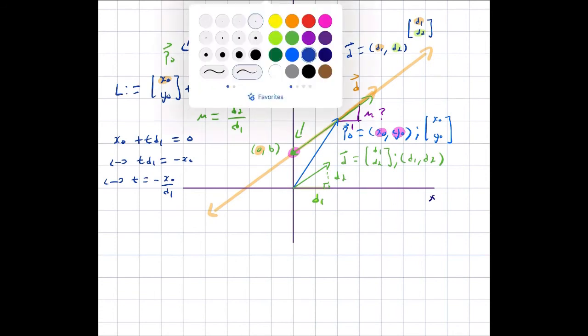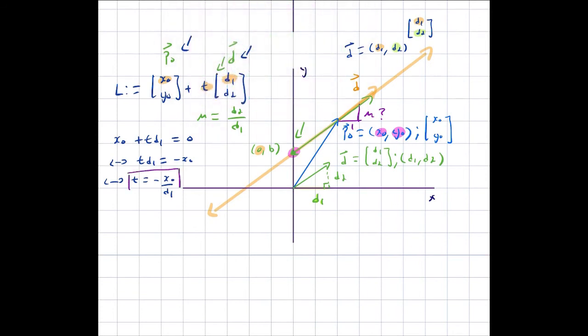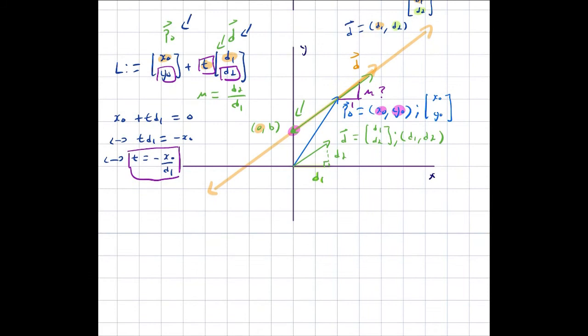So all I have to do to find the y-coordinate of that point, which is the y-intercept, is plug this into the vector equation, multiply the d2, the y-coordinate of the direction vector, by that t, and then add it to the y0.